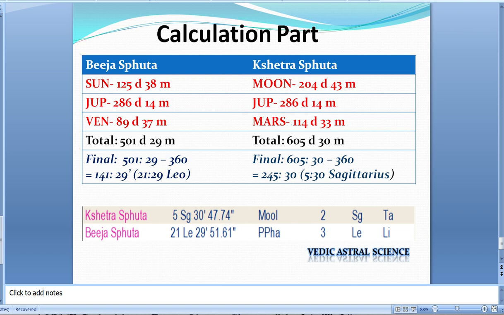Although we check the Rashi occupied by Beeja Sphuta and Kshetra Sphuta in the Rashi chart and Navamsa, the scope of this concept can be extended up to other Vargas as well. In methods like Shadvarga, Saptavarga or Dashavarga, you need to consider multiple Vargas, and only then can you come to a final conclusion.